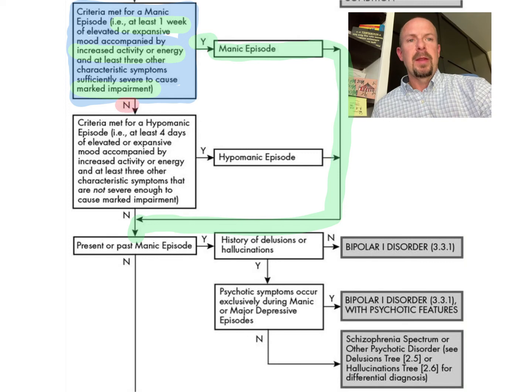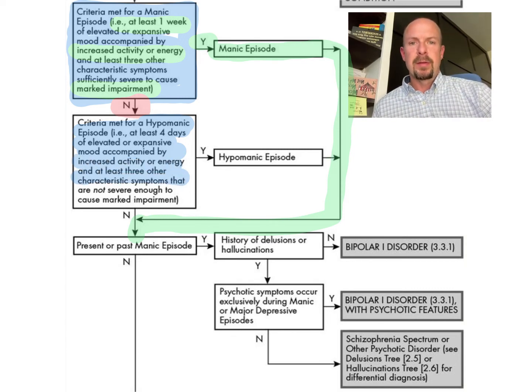Let's say then, for some reason, they haven't met that 1 week mark. However, we're looking at potentially a hypomanic episode, so at least 4 days of elevated or expansive mood, again our original symptomology with increased activity. And here's the differential diagnosis portion: it's not severe enough to cause marked impairment.